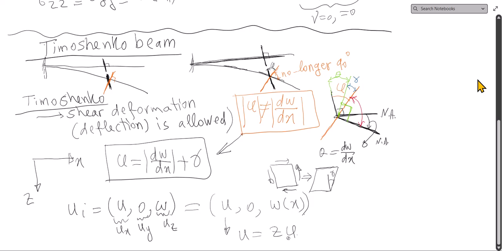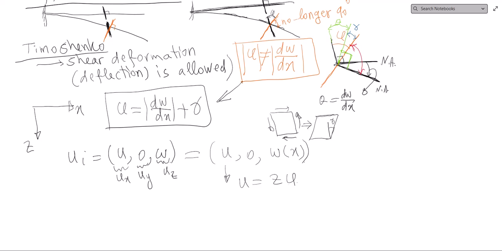If you have this, maybe I draw it again here, basically the same picture, maybe without color coding. So if this is my initial plane and this is my deflected neutral axis, and no more normal, it could be any angle phi, and this point will transfer to this point.